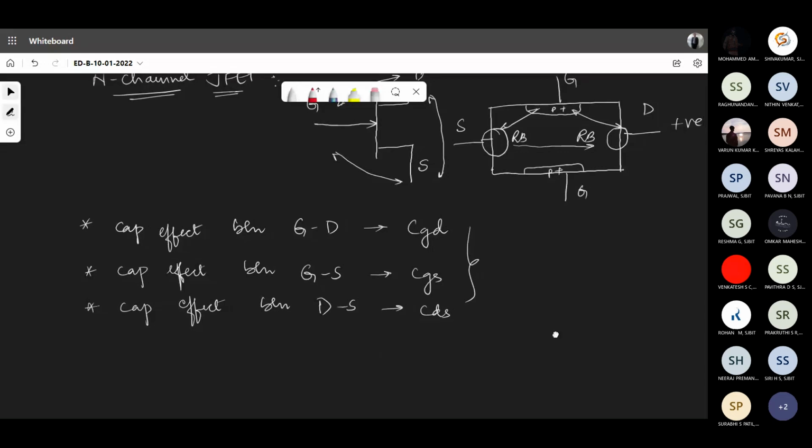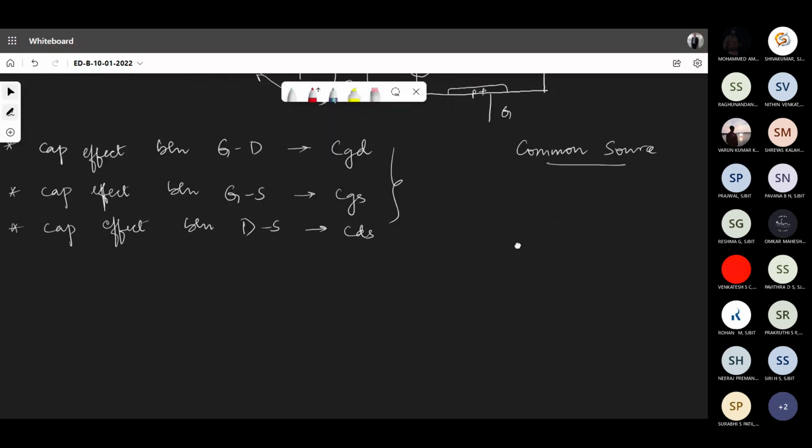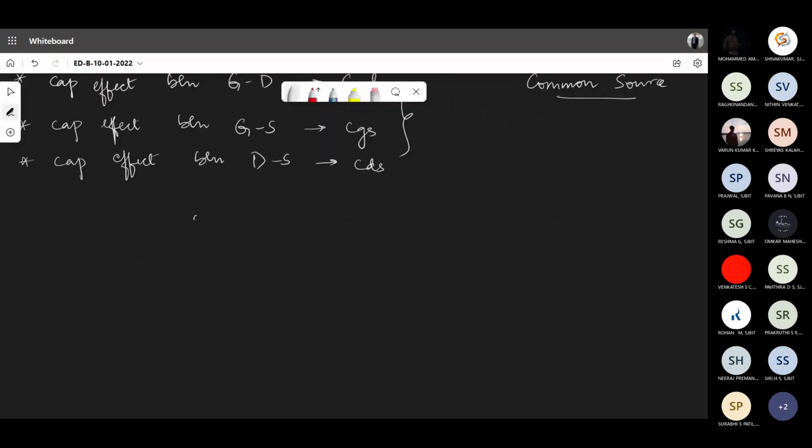Now we'll start writing it. And what configuration do we normally assume when we do the analysis of the JFET? It is common source. By default, it is common source. So what should I do? We shall now write the gate terminal at the input side, drain terminal at the output side, and the source terminal right here.